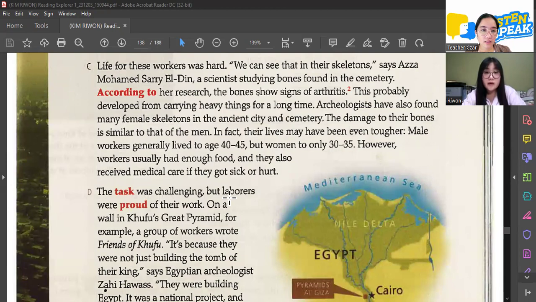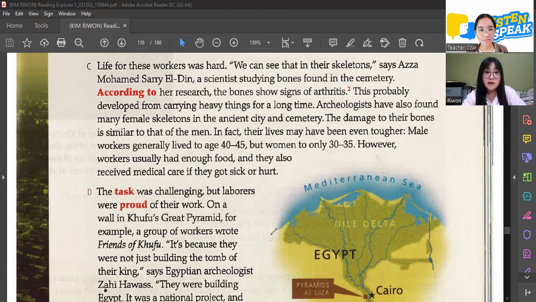Life for these workers was hard. We can see that in their skeletons, said Azza Mohammed Sari El-Din, a scientist studying bones from the cemetery.